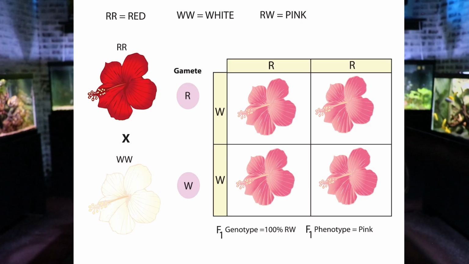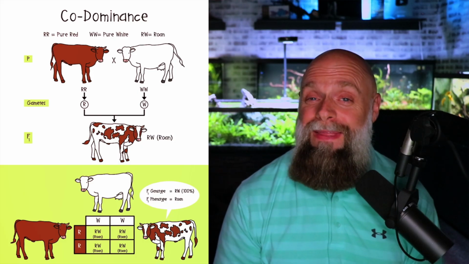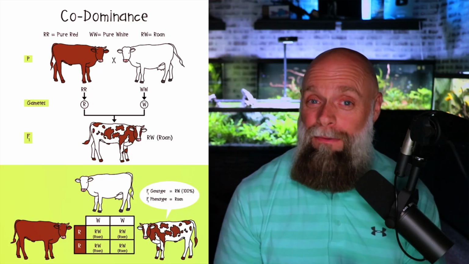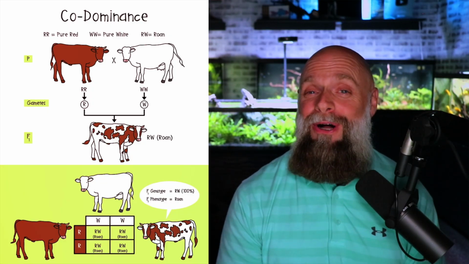There's going to be a mix between the two, and that's incomplete dominance. What Mendel was doing with his peas is he was working with characteristics that showed complete dominance. In other words, again, as I said, that dominant allele was always expressed over the recessive allele if the dominant allele was present.